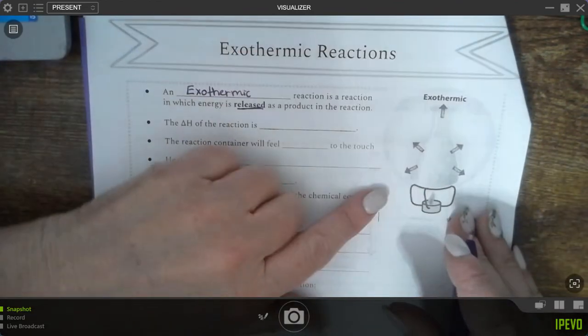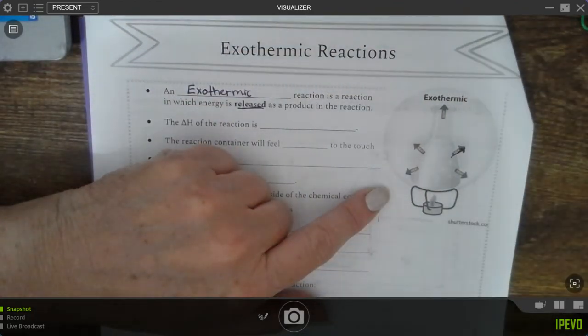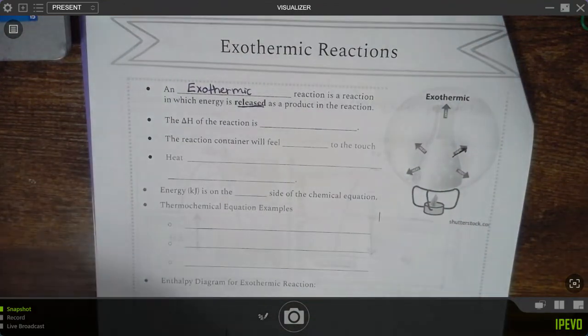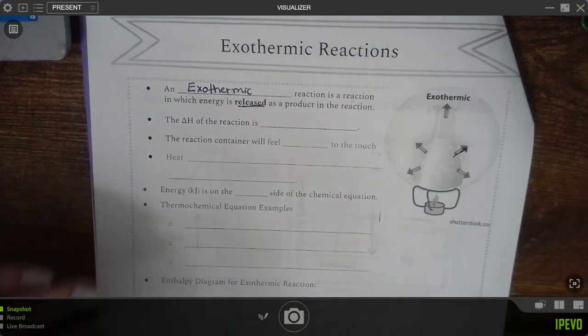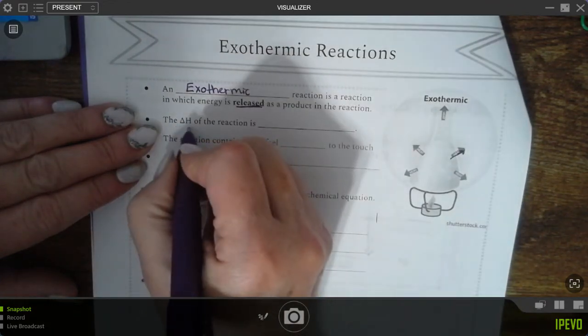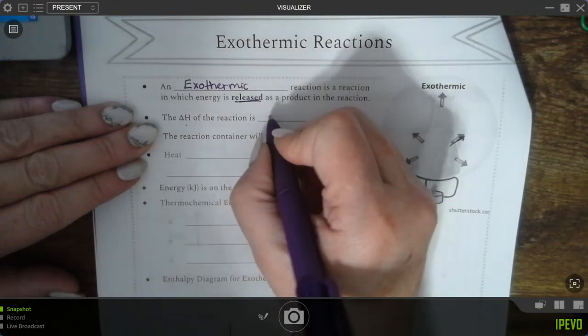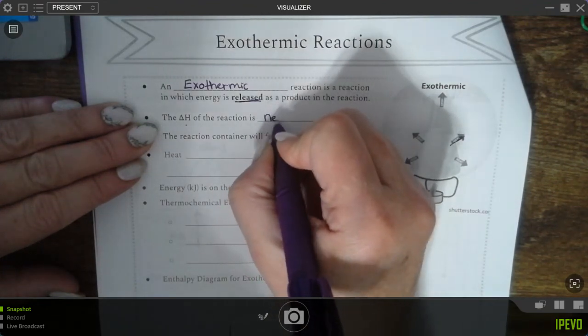Notice here I have my flask, and the arrows are going out. That means heat is exiting the system. That tells us it's an exothermic reaction. If we calculate delta H of the reaction, it is going to be a negative value.